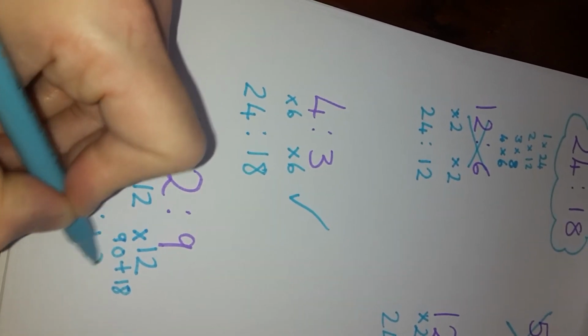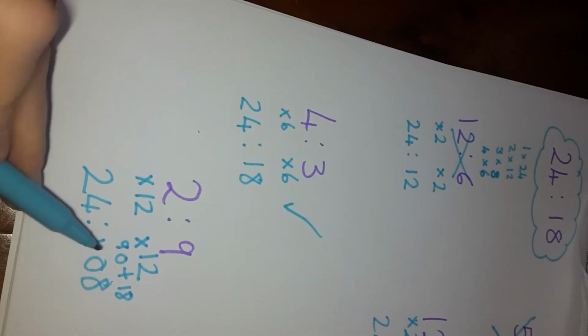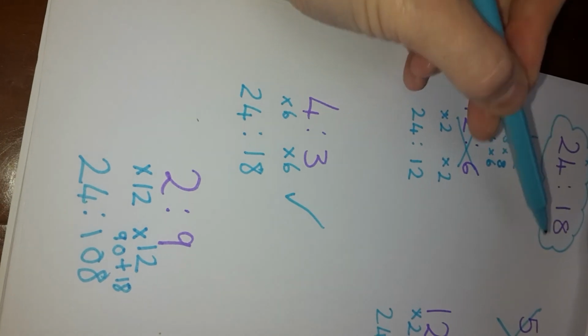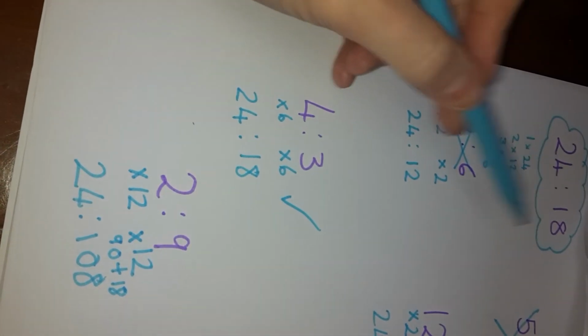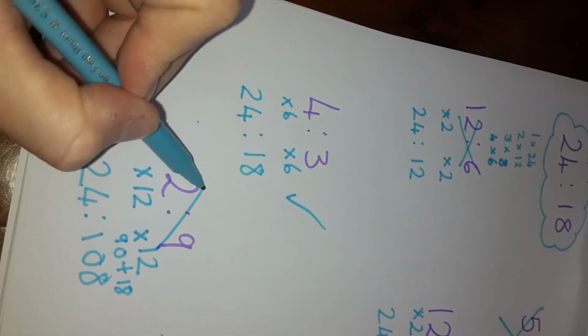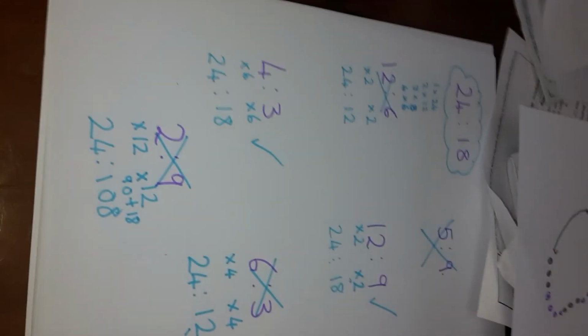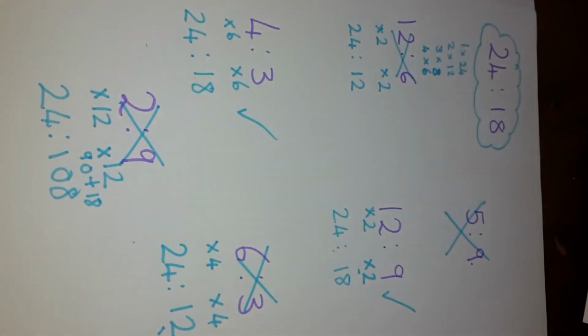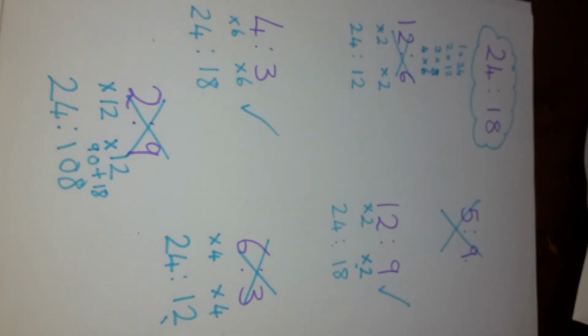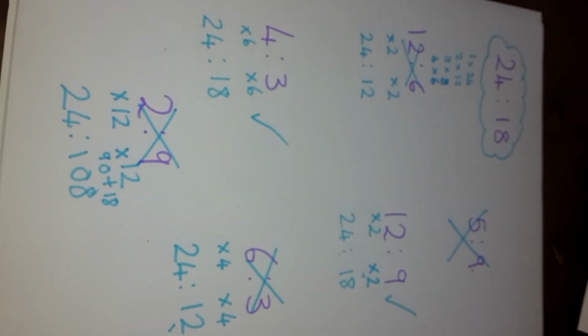So those two together are 108. Again, we'd have a massive shortage of the second bead. So that one doesn't work. And that is how you check to see whether you can simplify a ratio or whether two ratios are identical to each other.